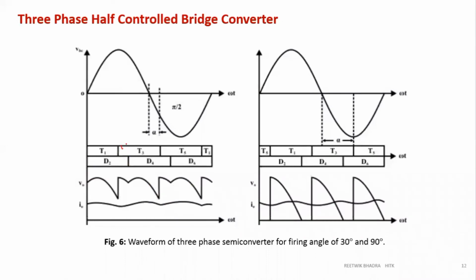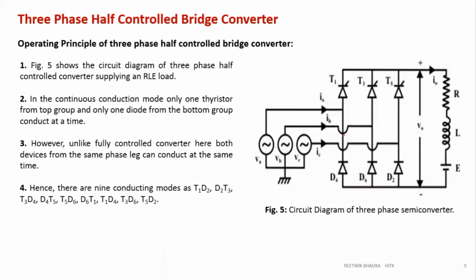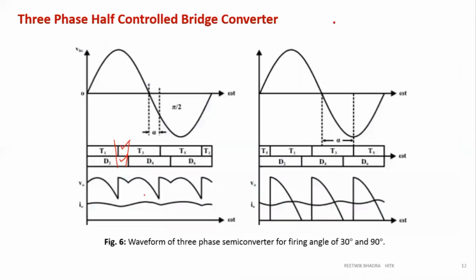See, T3 D2 up to this small period. So I'll go to the figure, T3 D2. So which voltage are we getting? VBC. So we are getting a voltage VBC over here.